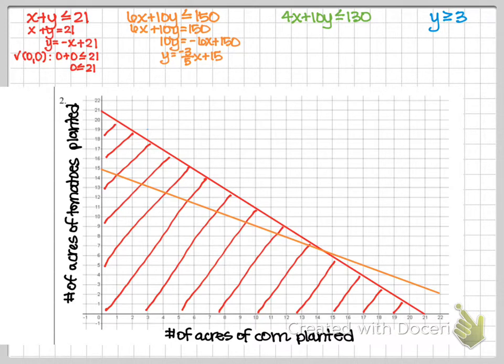All right, well, looks like I can test (0, 0) again, so I'm going to check (0, 0), plug it back into the original. Okay, so 0 plus 0 is just 0. 0 is less than or equal to 150.